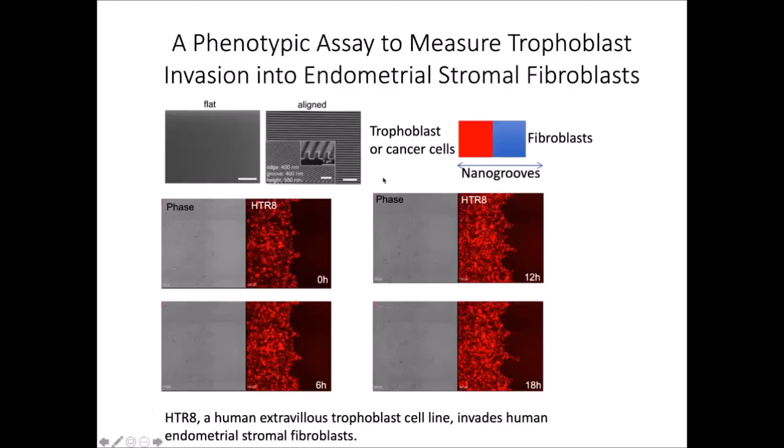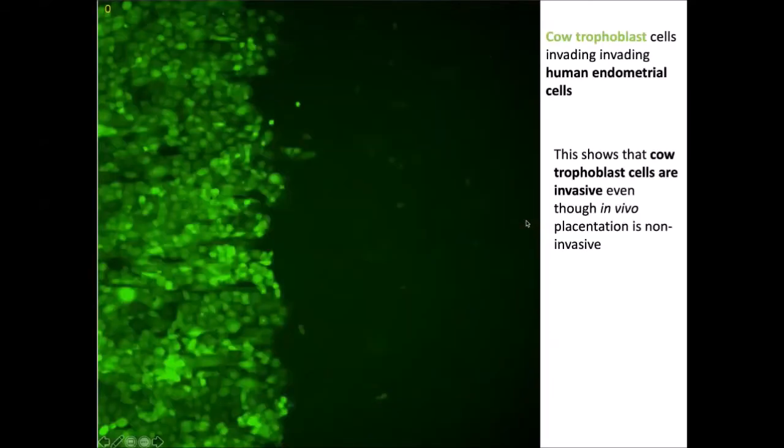And the experiment itself is that we take trophoblast or cancer cells, label them with one or the other fluorescent dye, and co-culture them side by side with fibroblasts, and then we observe how quickly these invasive cells can actually enter a lawn of fibroblasts on the other side. So the fibroblasts are usually not labeled, therefore we don't see them here. And here we have a result.